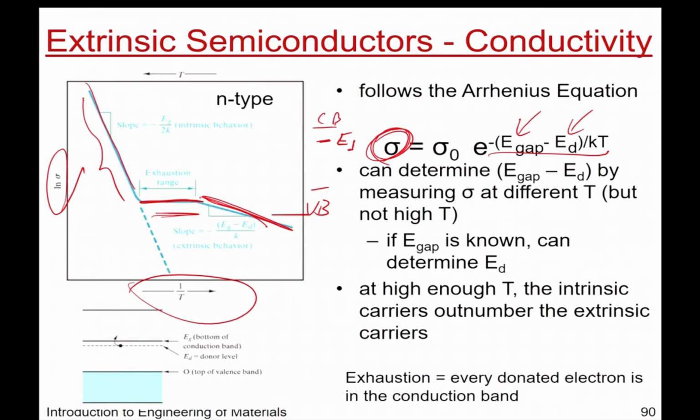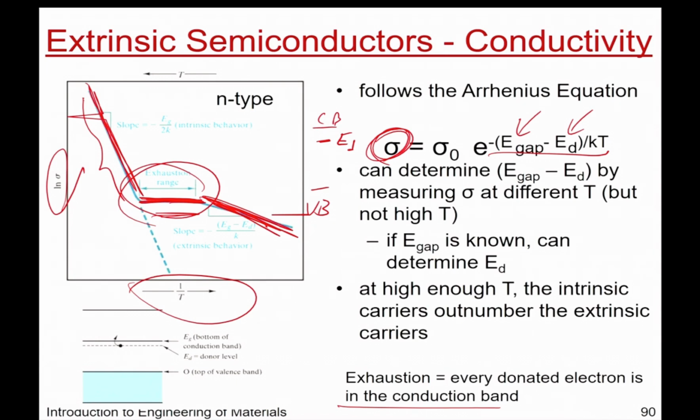For this type of extrinsic semiconductor, you have some intrinsic behavior and then extrinsic behavior. Here, if you increase temperature, it doesn't matter. In this range, it's not changing your conductivity whatsoever. One can also call that the saturation. For every donated electron, so for n-type in the conduction band, you can have a range where your material is exhausted.